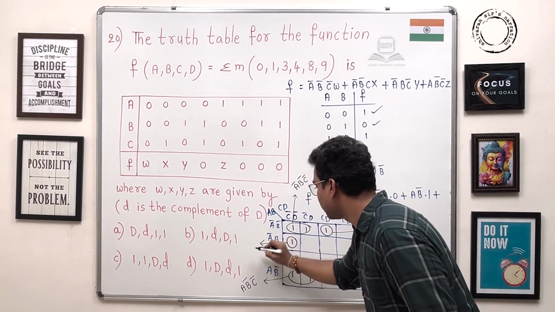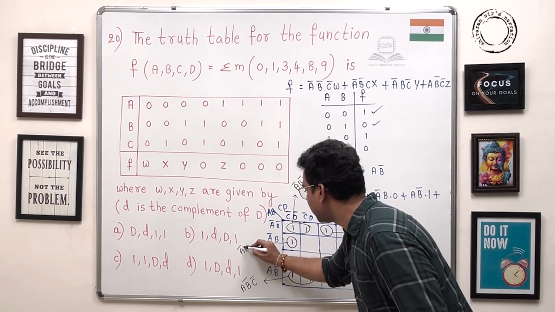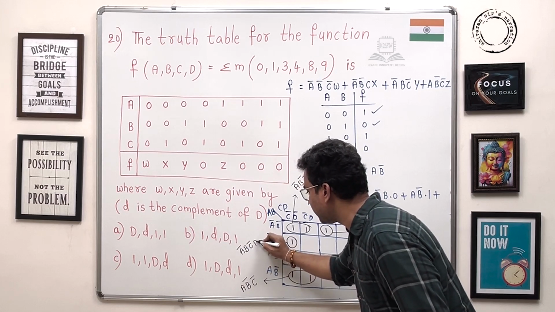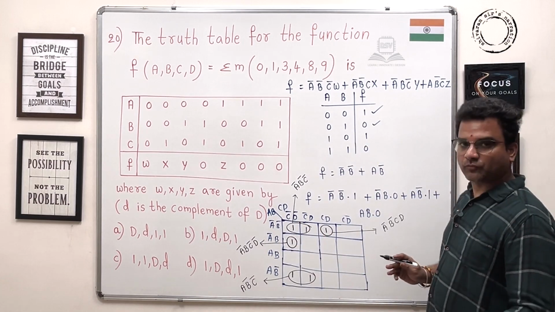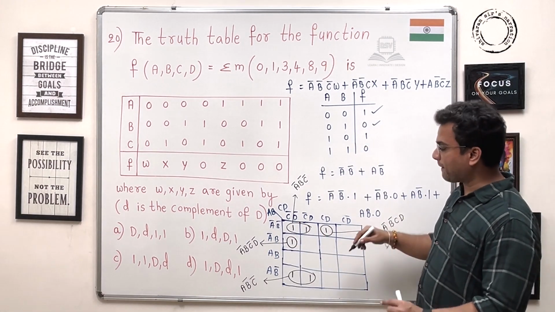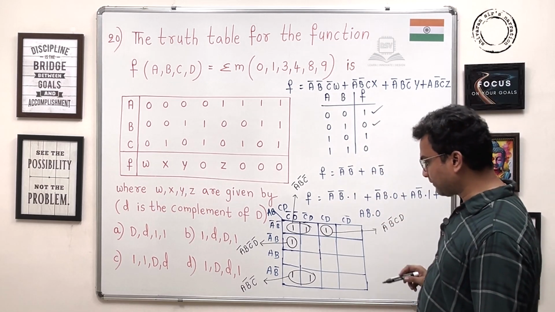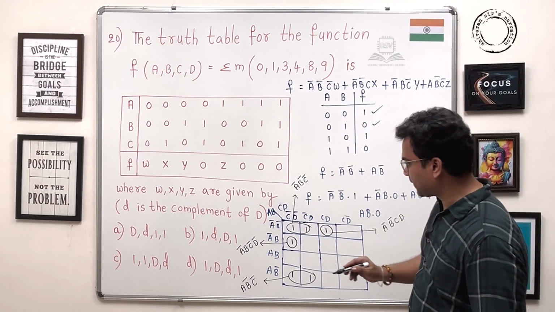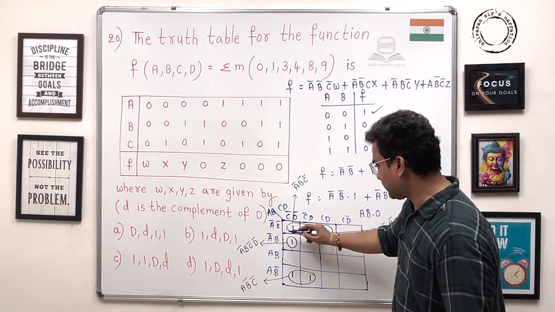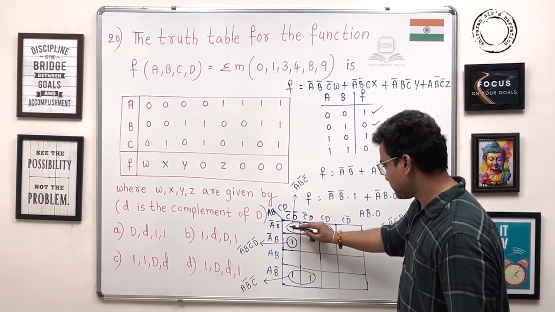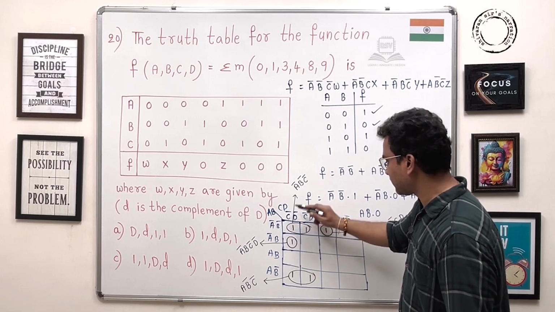And this A bar B C bar D bar. Now we got 4 terms. Now you compare here. Let's take A bar B bar C bar. Where did we get A bar B bar C bar? Here.